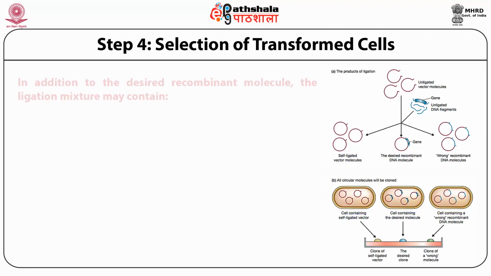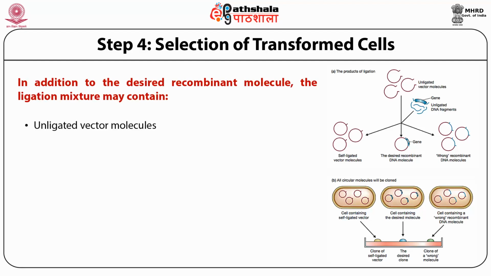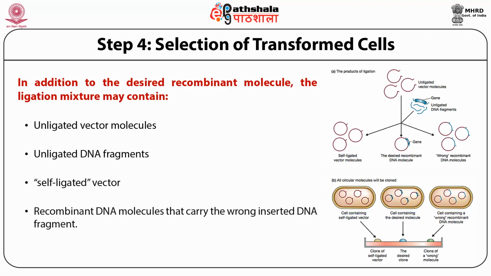What happens is, in addition to the desired recombinant molecule, the ligation mixture may contain unligated vector molecules, which are clearly shown on the right side of this slide, and unligated DNA fragments, self-ligated vector molecules, recombinant DNA molecules that carry the wrong inserted DNA fragment, or recombinant molecules having the desired DNA insertion.